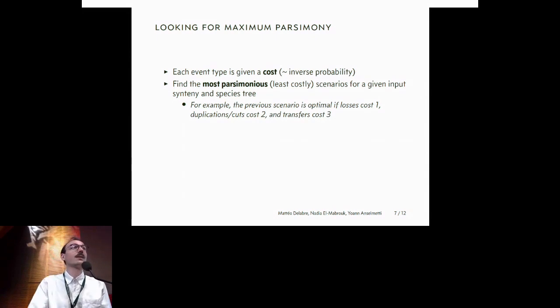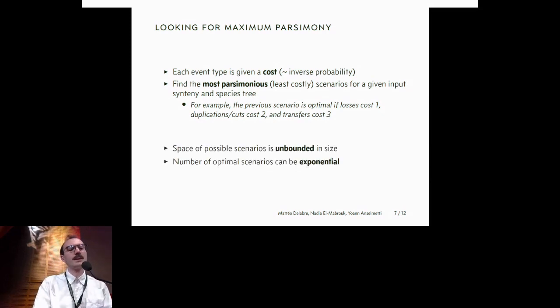And we seek the least costly scenarios, so the scenarios for which the sum of the cost of the events is the least. And for example, the scenario that I just gave you is optimal. It was one of the optimal solutions if the losses cost 1, duplications and cuts cost 2, and transfers cost 3.